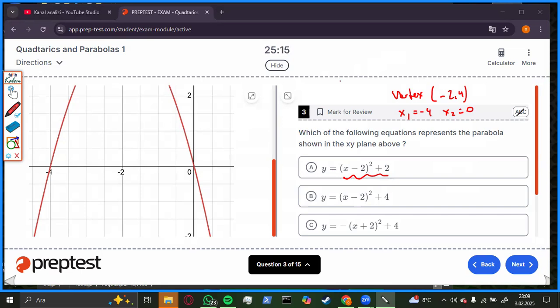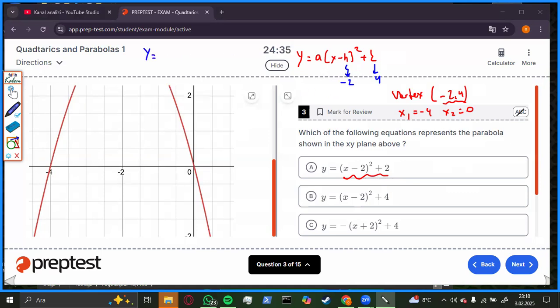That's why assume that your equation is y equals a times (x minus h) squared plus k. Right now we know the vertex, so we can say that h is -2.